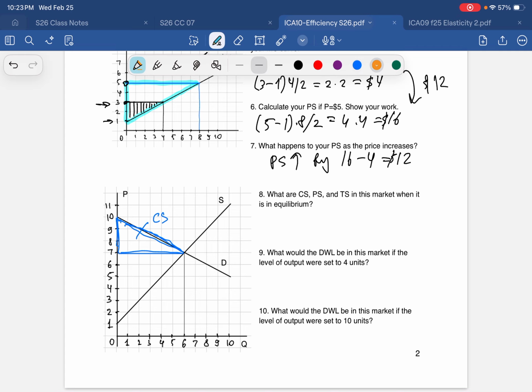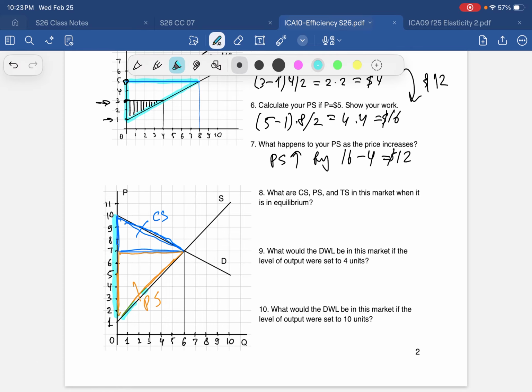This area is producer surplus, and put together they give us total surplus. Okay, so I guess I won't spend time on this because it's very similar to what we already did just a minute ago. Well, let's see, maybe I'll do it real quick.